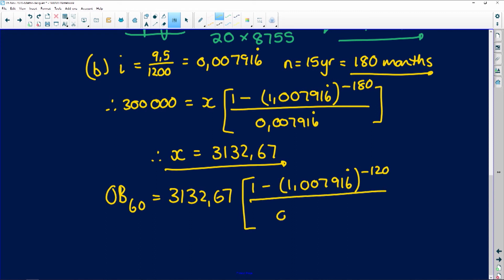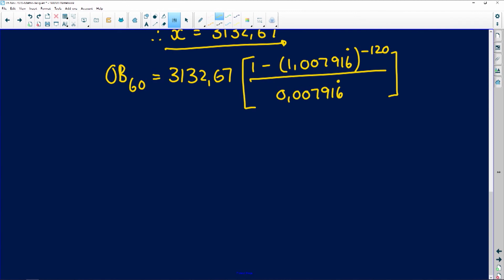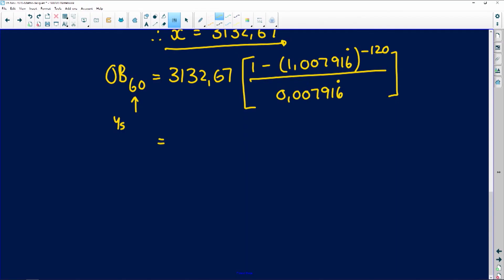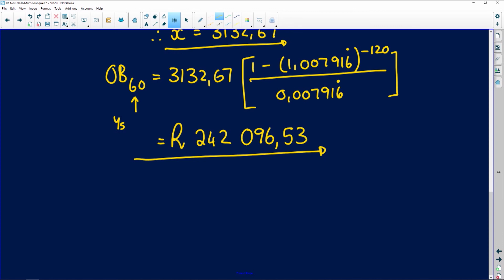So what this calculation is doing is it is removing the interest from the payments that she would have made, and it brings it to year 5. Okay, that's why the outstanding balance. Okay, so if I now calculate this on my calculator, I will get a total of 242,096 rand and 53 cents.